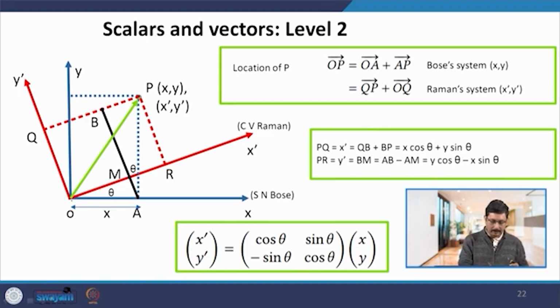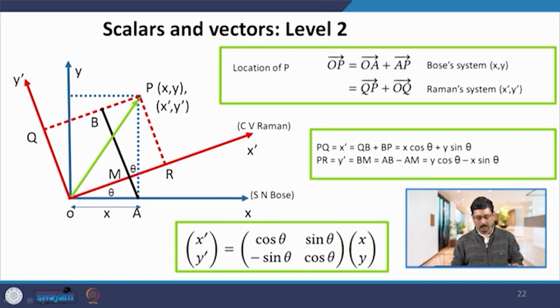They are standing at the point O and they want to know the location of point P from O. We are assuming in this example that they are in a plane, the xy plane, for simplicity. So, how do they describe the location of point P from O?